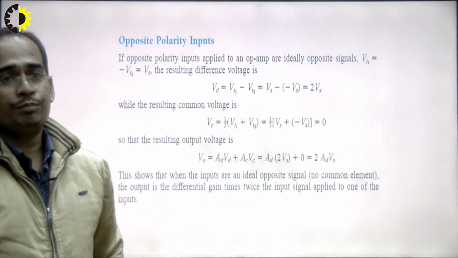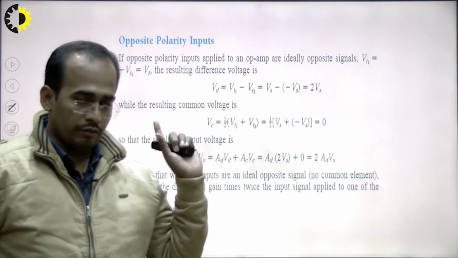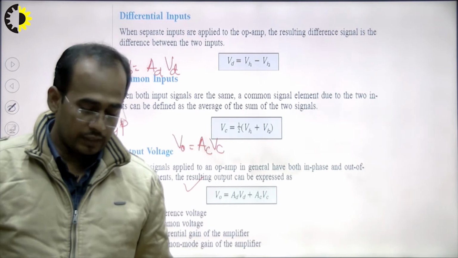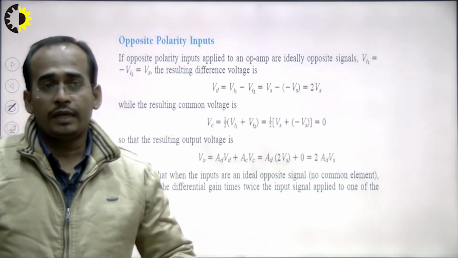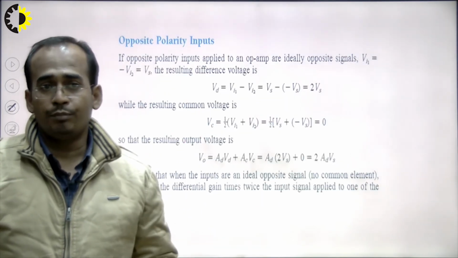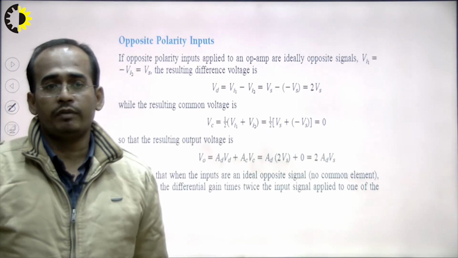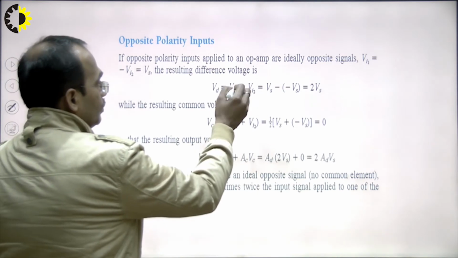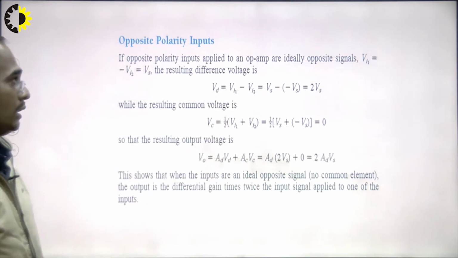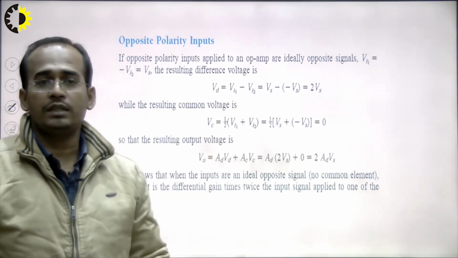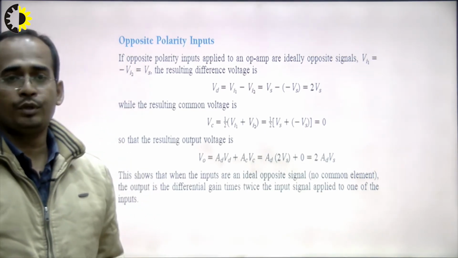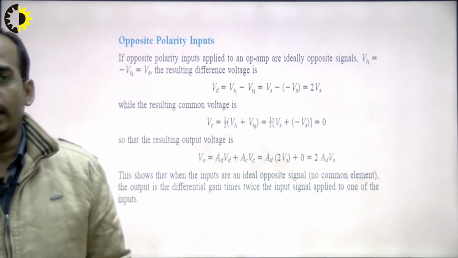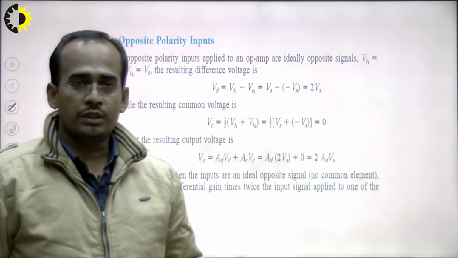This previous output is true only in case of different inputs. If I consider the opposite polarity of the input, in that case what will happen? Previously we considered the same polarity, but if I consider the opposite polarity of the inputs V1 and V2, the differential input will become twice and the common mode signal will become 0.